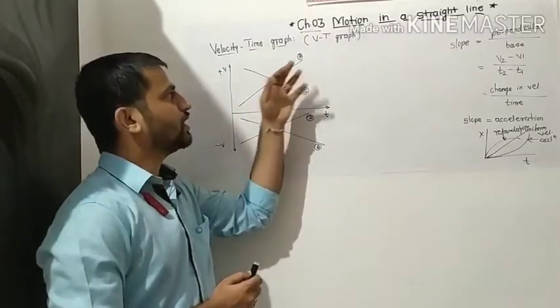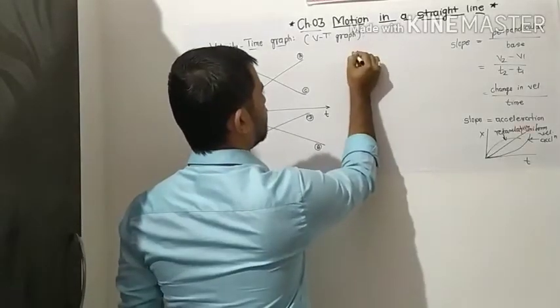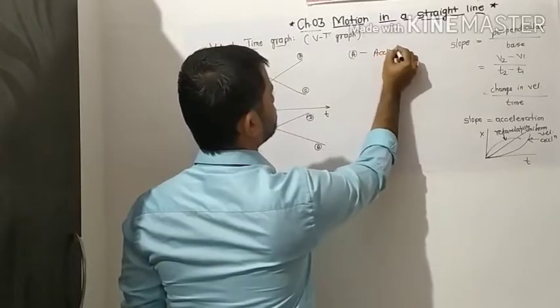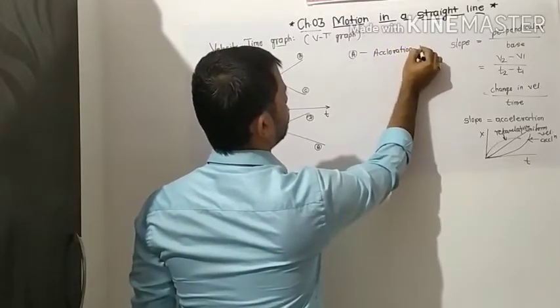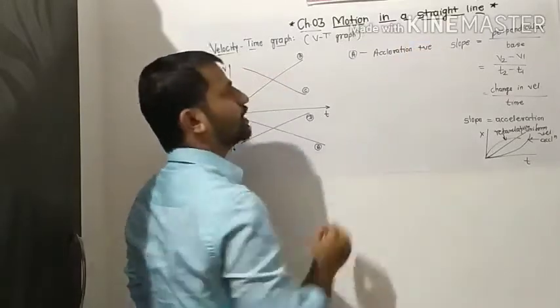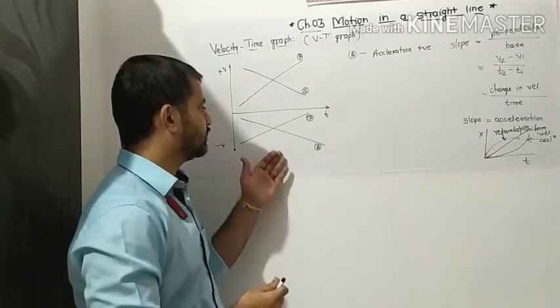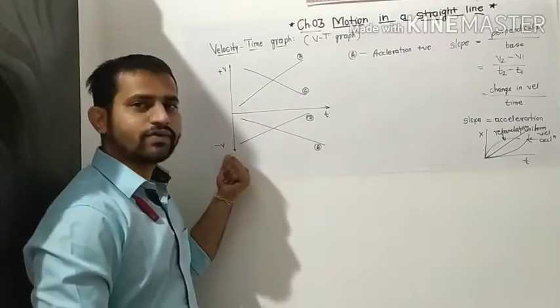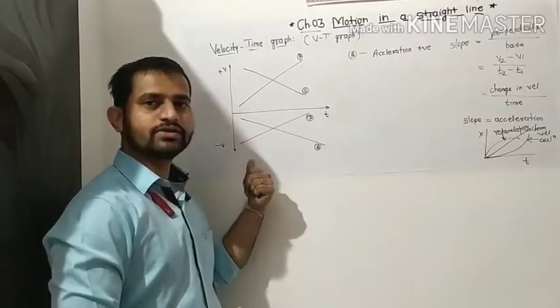So the curve A will give us the acceleration, which is positive. Why am I telling you positive? Because if you look at the second curve, even though the velocity is in a downward direction, it also goes on increasing.